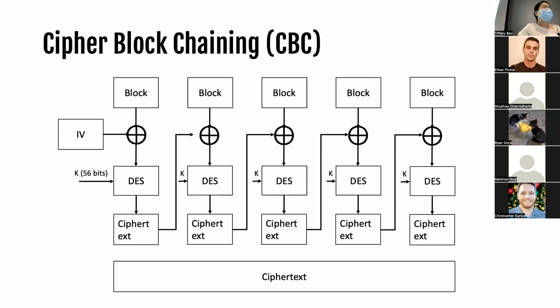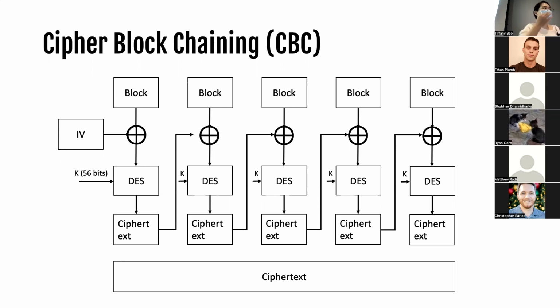And now, even more complicated, we can add a so-called IV here. It is called the initial vector. Because of this initial vector, it's guaranteed that even for the first block, you won't get the same ciphertext.